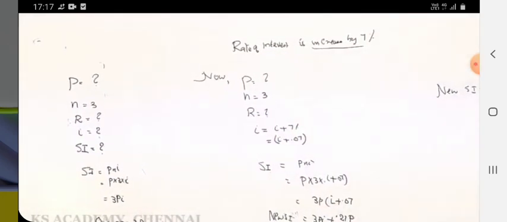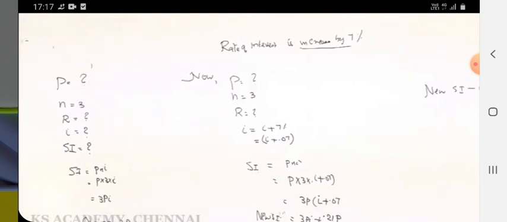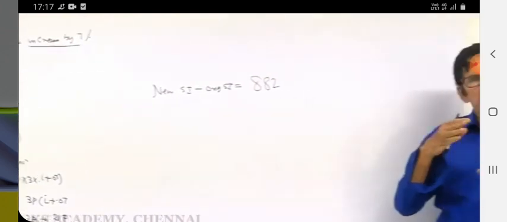After an increase of 7%, simple interest is 882 more. Because of the 7% increase, interest is 882 more.